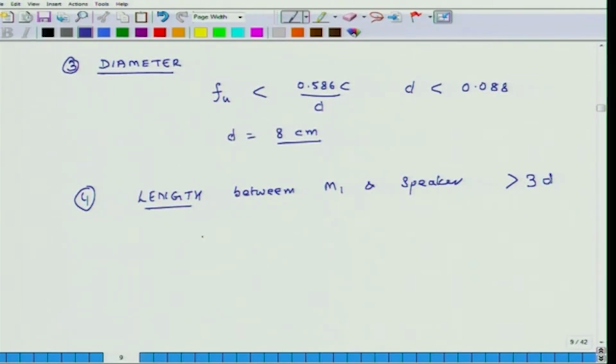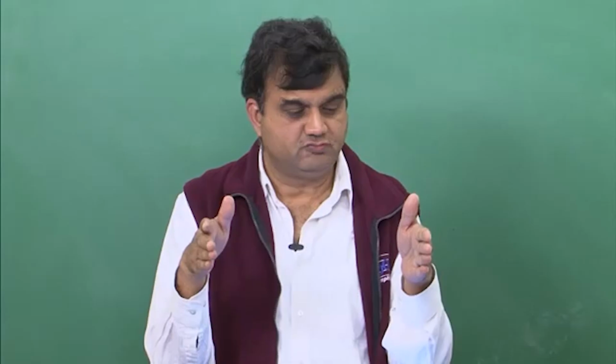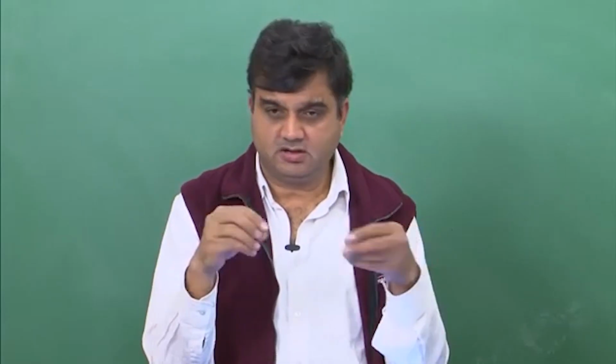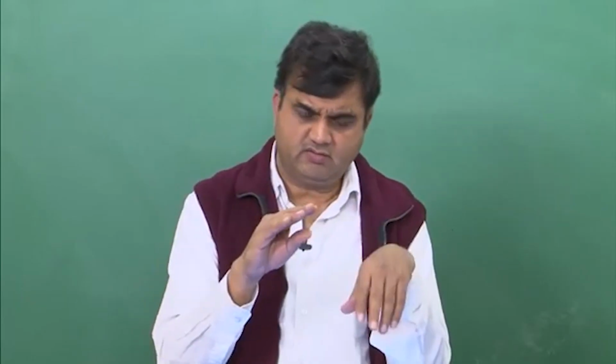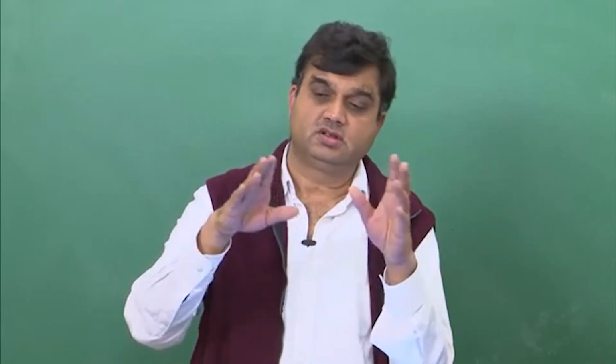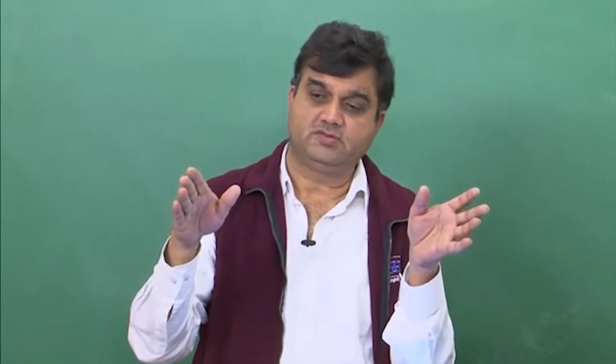So what does that mean? That my length should be more than 240 millimeters. Why is this important? Again, this is to ensure that we have planar waves in the system. When you have a speaker at the end, it will generate some waves, and very near to the speaker, they will not necessarily be planar waves.